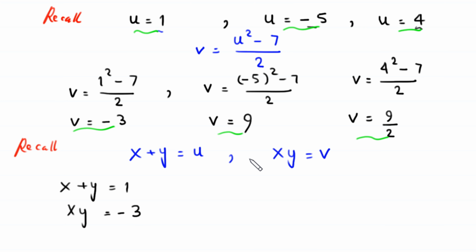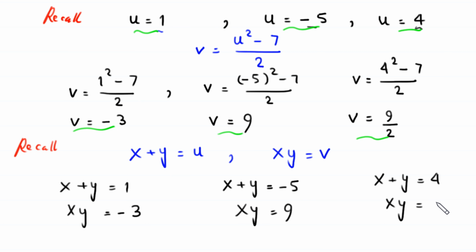From this case we get another system: x plus y equal to negative 5 and x times y equal to 9. From this case we get another system: x plus y equal to 4 and x times y equal to 9 over 2.